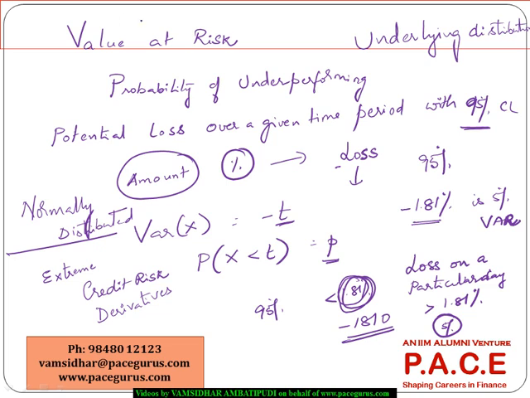And now the other concept is the clubbing of expected shortfall and the tail value at risk. Tail VAR is typically what it is called.